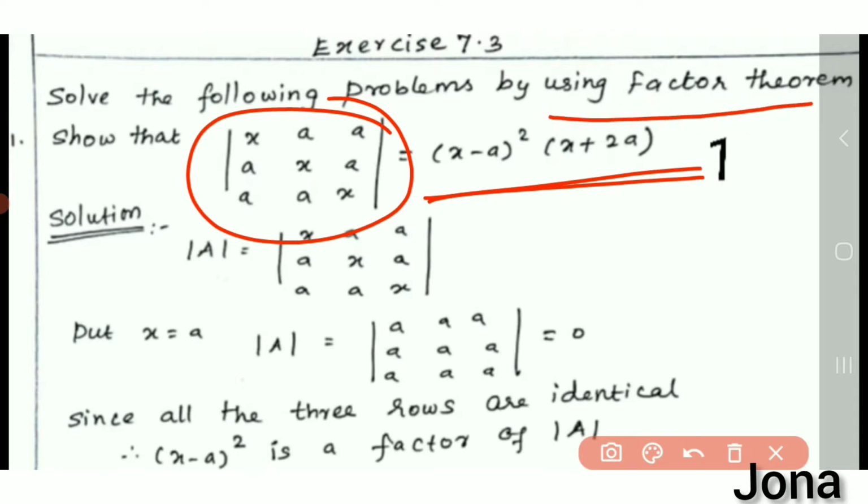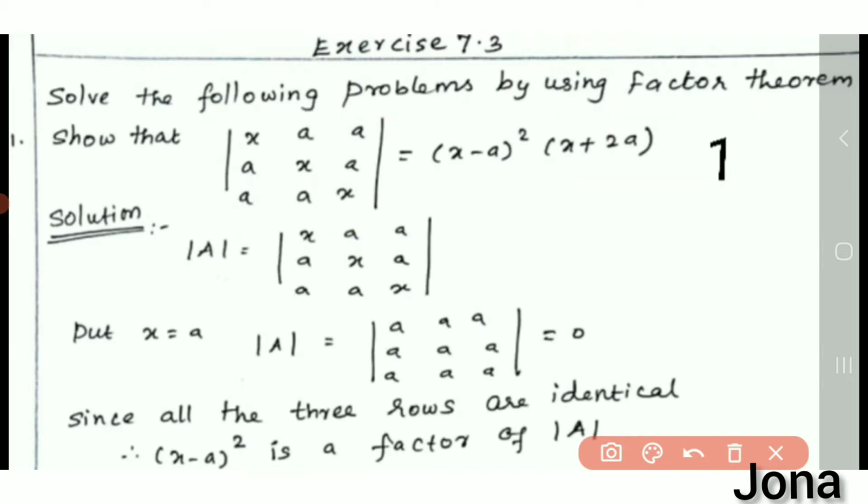the factor theorem. So we know what is meant by a factor. In algebra we learned that if a value of x satisfies an equation, we can say that value of x is a root or factor of the equation, isn't it?